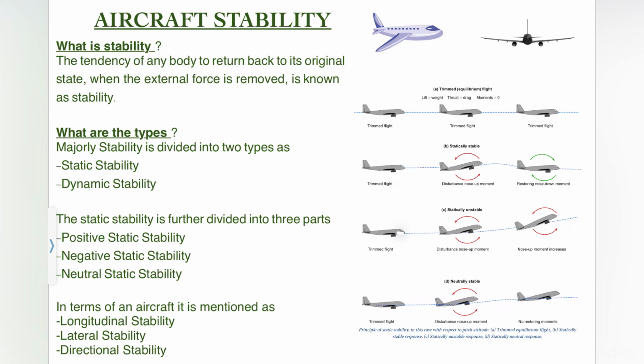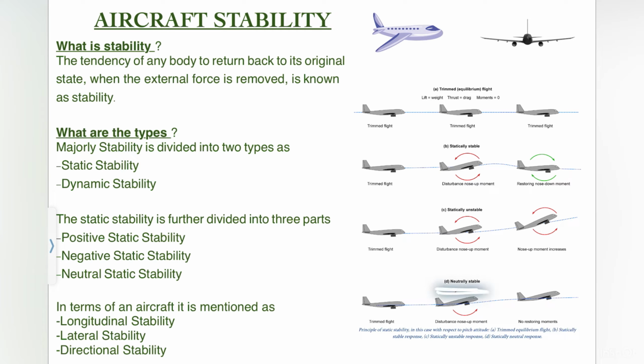If the trajectory has changed and a new trajectory is taken by the aircraft because of the disturbance, the nose pitches up, the aircraft is not coming back to its original position, and the deviation keeps on increasing with time, this property is statically unstable. That is known as negative static stability.